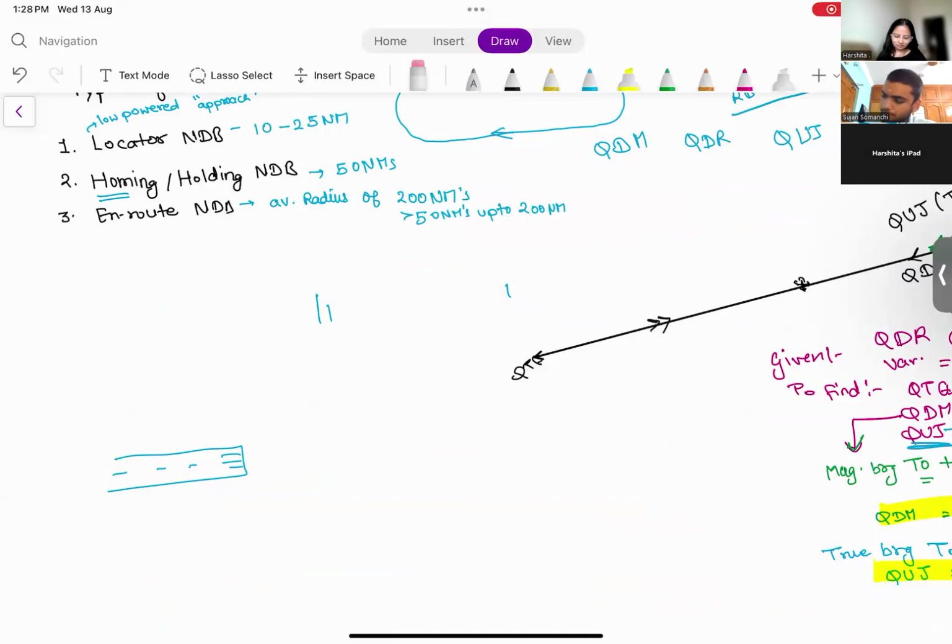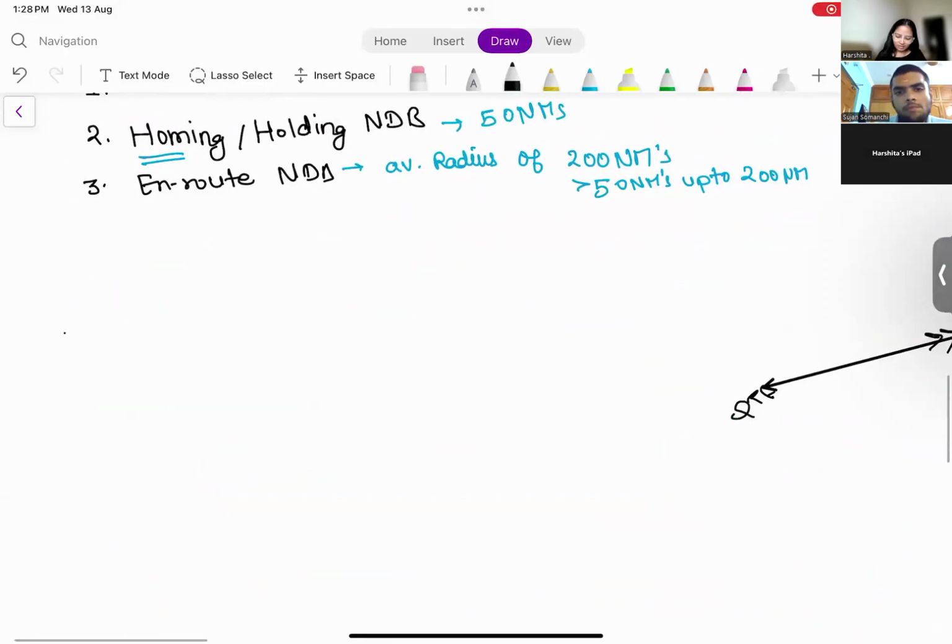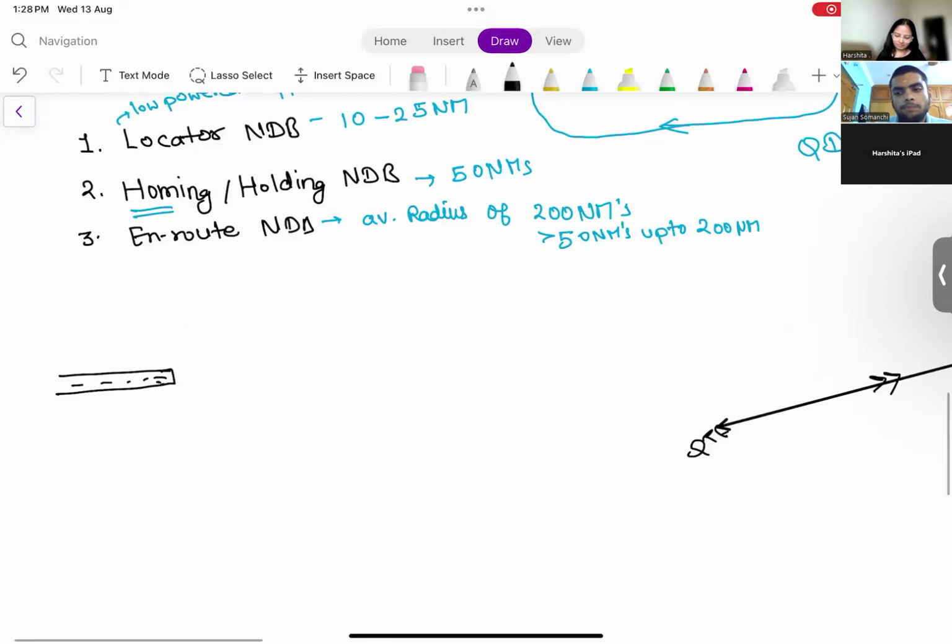If we have to make a diagram to remember the NDBs, I would make like this. This is the runway. This is the aircraft. Aircraft number 1, aircraft number 2, and aircraft number 3.